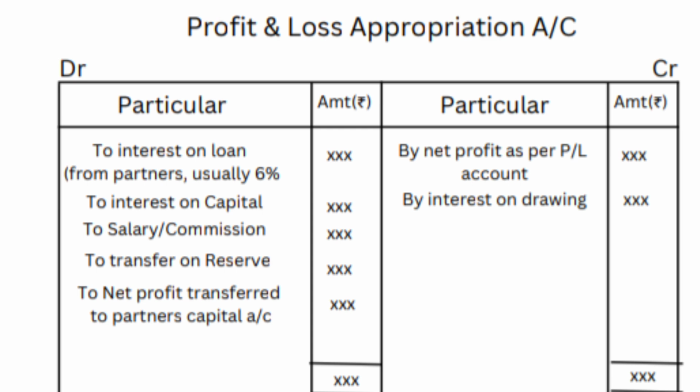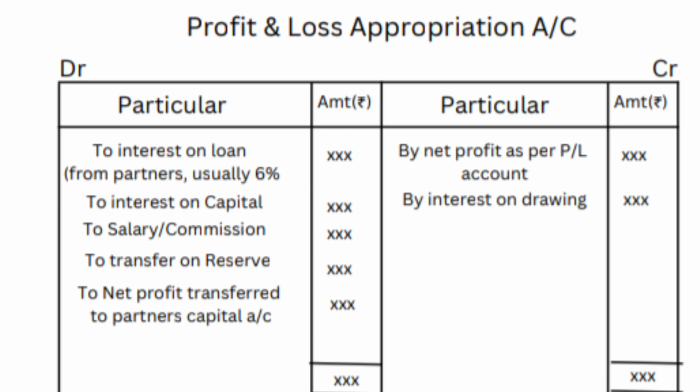Let's move to the second item, which is present on the debit side of the profit and loss appropriation account: the interest on loan. When a partner gives a loan to the firm, the firm pays them interest, and you know that interest is a reward.